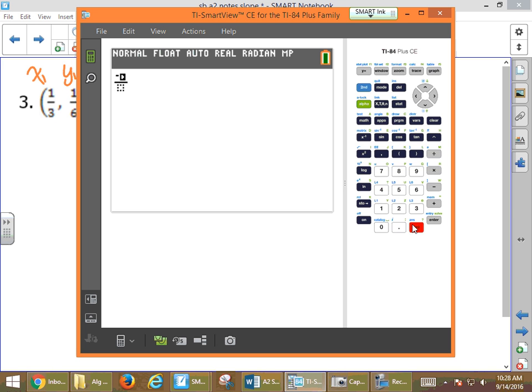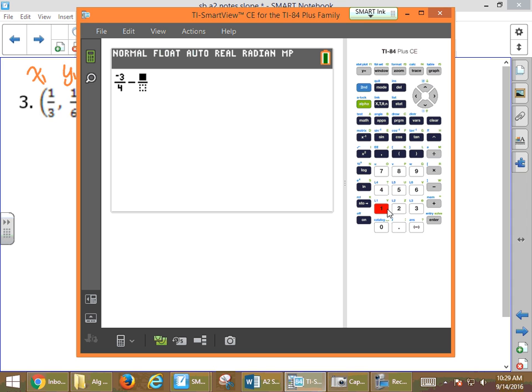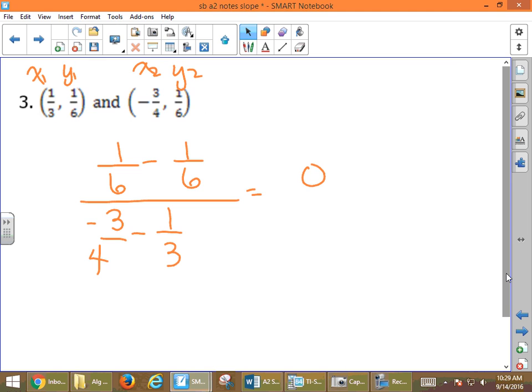But we can do negative 3 over 4, and then minus alpha y equals number 1, to get the fraction, 1/3, and then when we've got that typed in, we can get our answer here of negative 13/12.